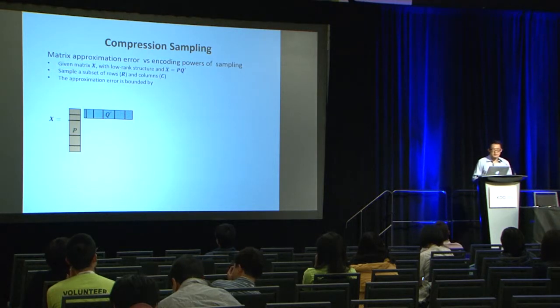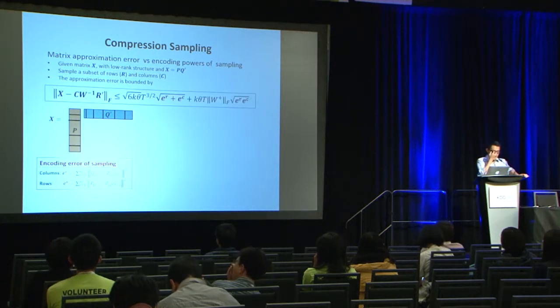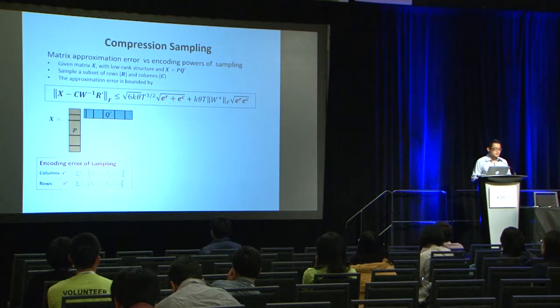What do we mean by representative? Basically, it means that the error of encoding each row in P with the closest landmark rows in P that we have selected should be minimized. Basically, this is very similar to a k-means clustering algorithm.